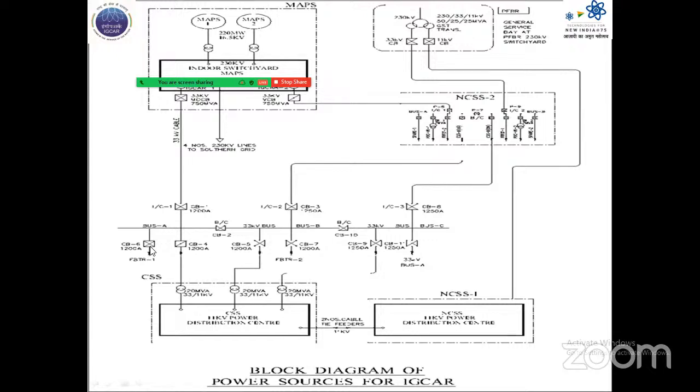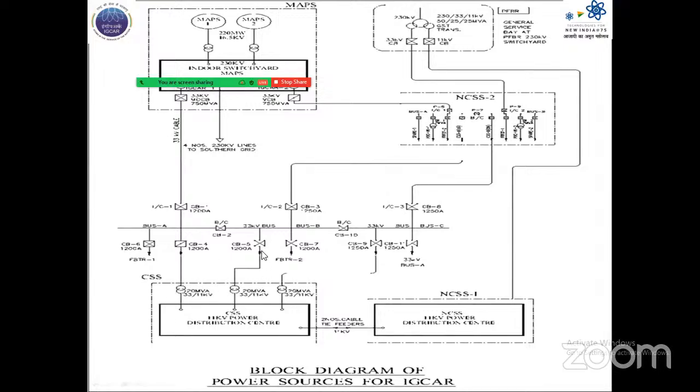Power is fed to FBTR by two 33 kV feeders, say FBTR1 and FBTR2, for providing offsite power supply to FBTR, and to other laboratories and BARC facilities and two townships in Kalpakkam through two 20 MVA transformers in the CSS.